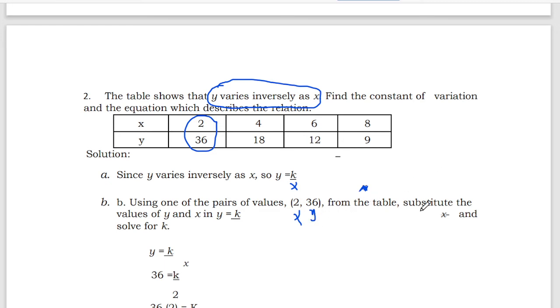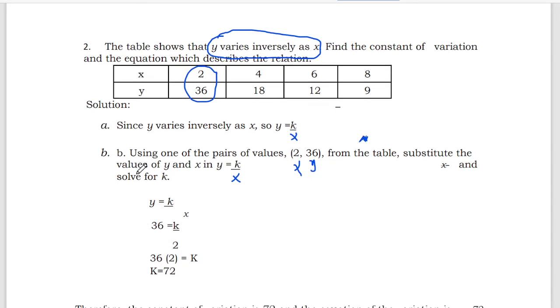So from the table, substitute the values of y and x in the equation. The equation here must be this one, k over x, to solve for k. So based from the given equation again, y is equal to k over x.